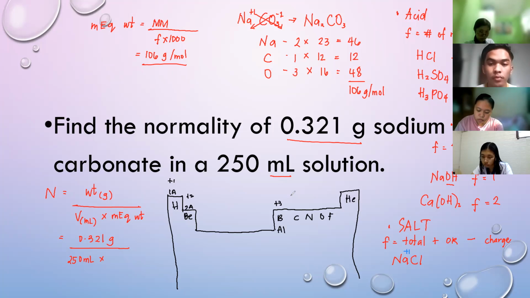Si carbon, either positive 4 or negative 4. That's how unique carbon is, and that is the reason why we have organic chemistry. Nitrogen, pagdating kay nitrogen class, babalik ka sa negative 3. Okay? 3 na siya pero negative. Yung oxygen na naman pababa, negative 2. And then si fluorine pababa, negative 1.